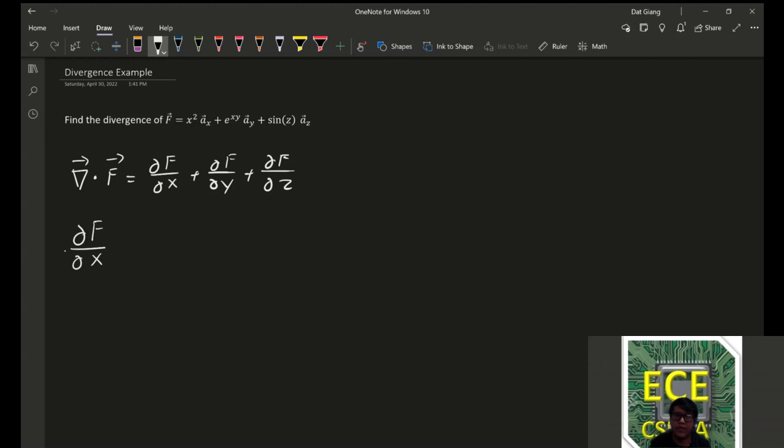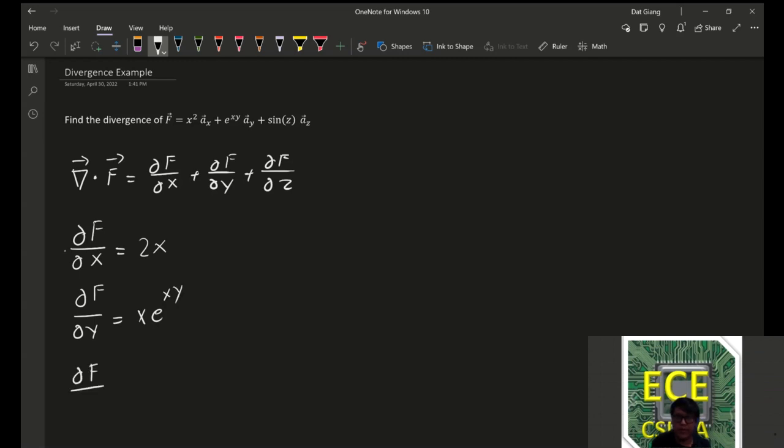First, the partial derivative of f with respect to x, or in the direction of x, is just going to be 2x. The partial derivative with respect to y is going to be x e to the xy.